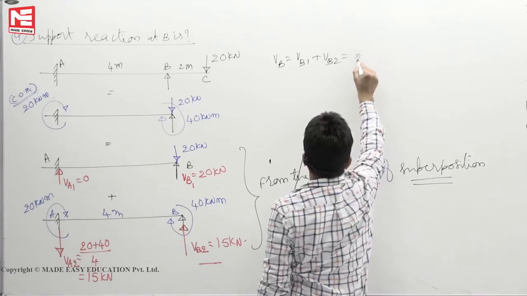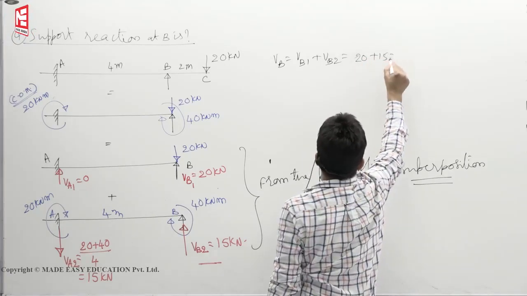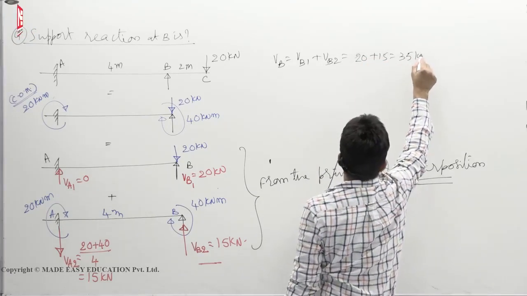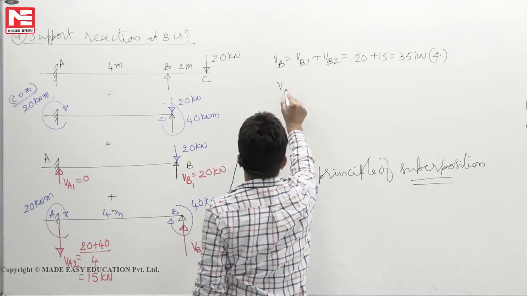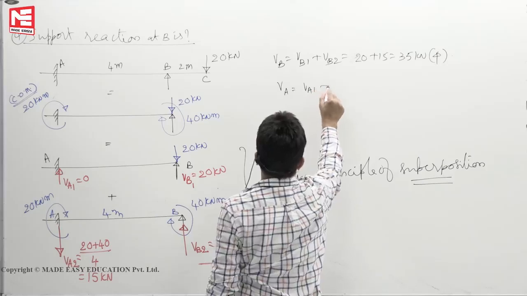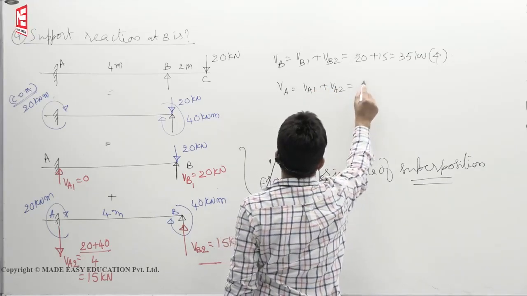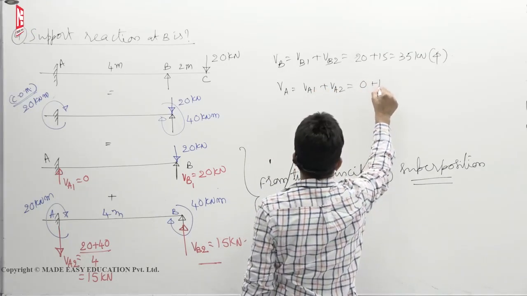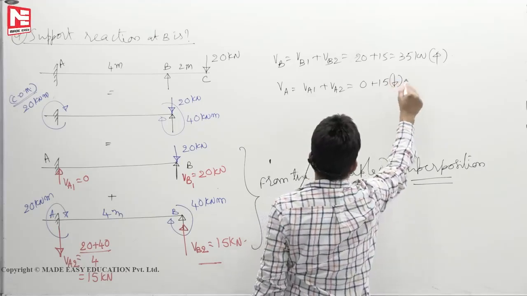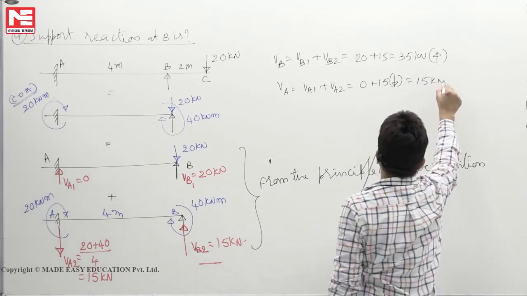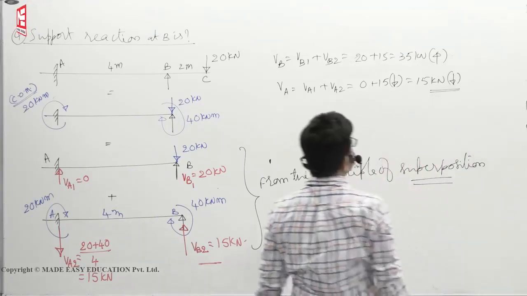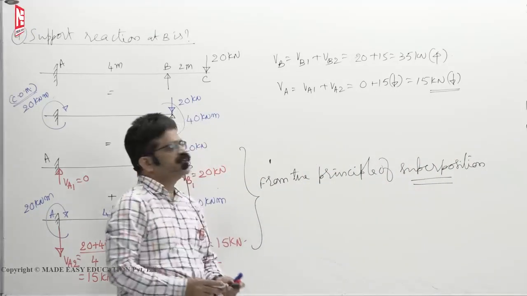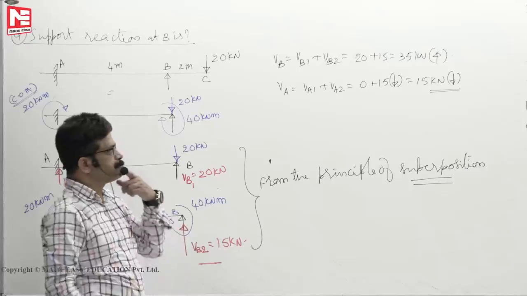So you will get 20 plus 15, 35 kilonewton upward. Then VA, VA1 plus VA2, 0 plus 15 down. So you will get 15 kilonewton downward. So they can ask you VB or VA, whatever it is.